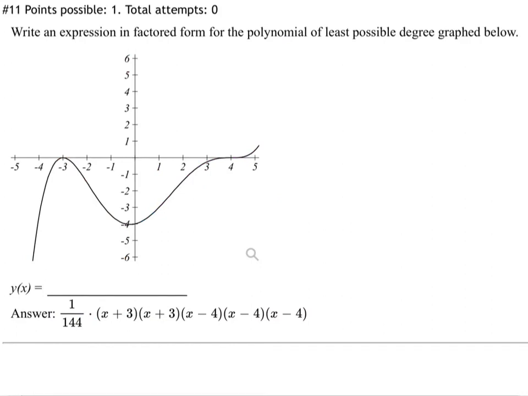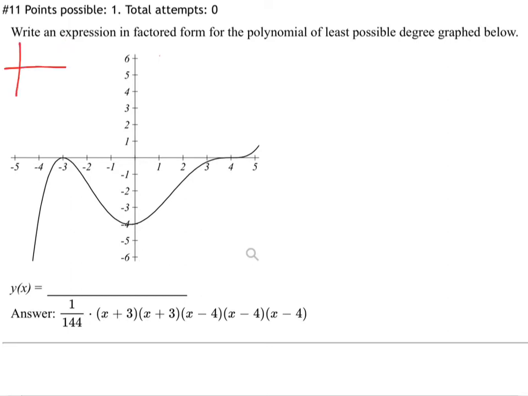Okay, and number 11, same kind of deal. So I've got to let you know about three important things here. Basically, when a graph passes through, let's list them out over here.